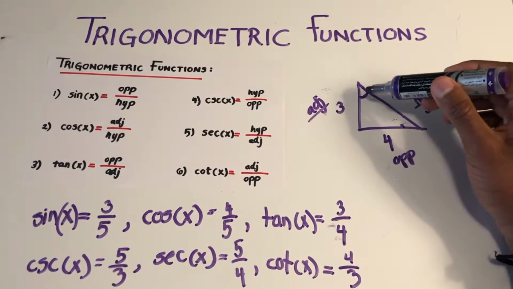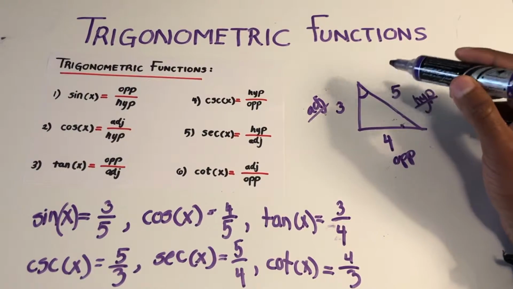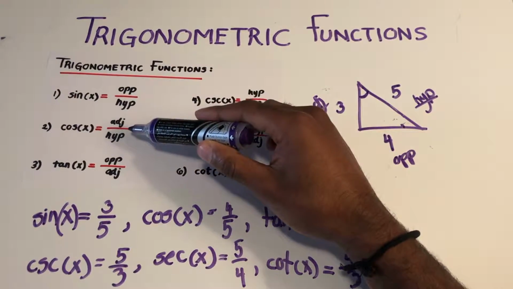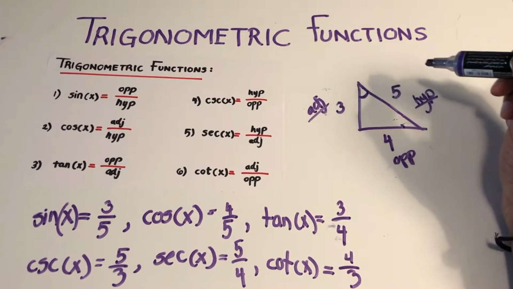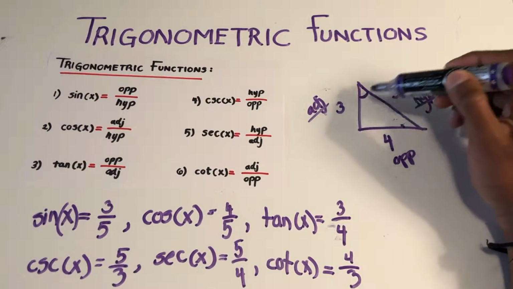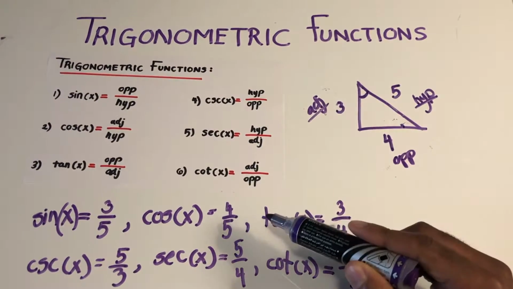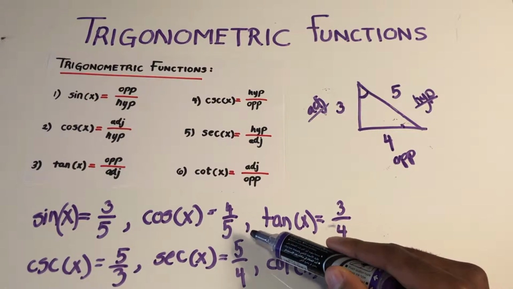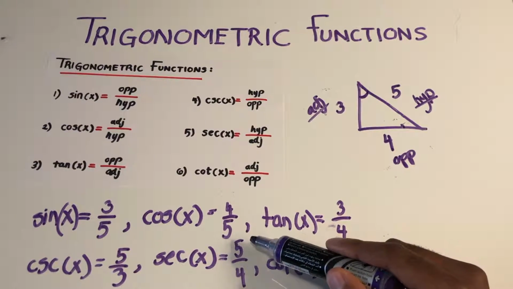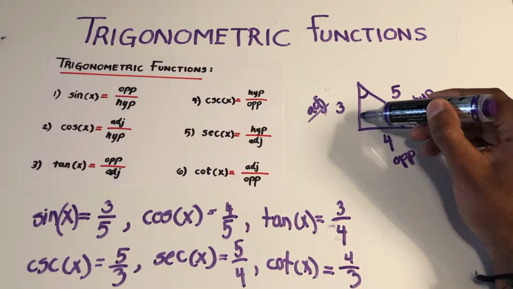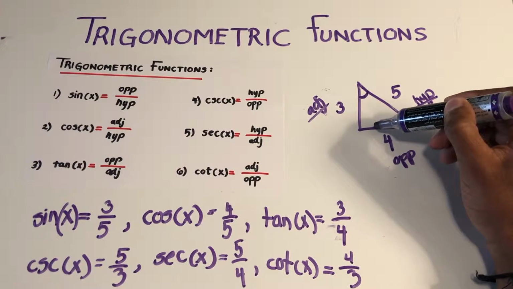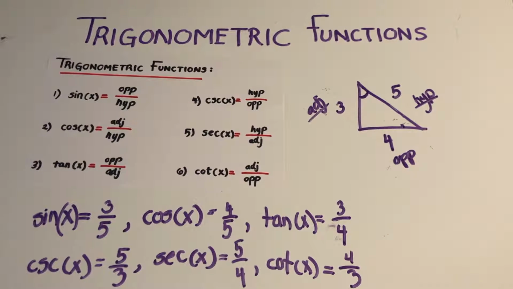So if you were to find, let's say, the cosine of this angle, cosine stands for adjacent over hypotenuse. So it'll be 3 over 5. Notice how cosine here is not 3 over 5, it is 4 over 5. And that is because we changed the angle that we were looking at. If you choose this angle, everything is going to change too. So mainly, bottom line, you just have to be consistent with the angles that you choose.